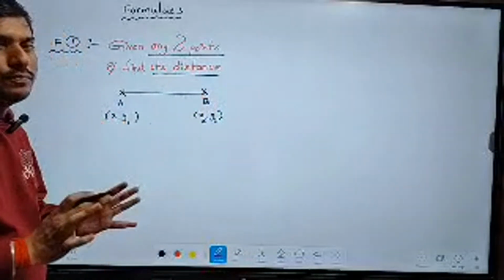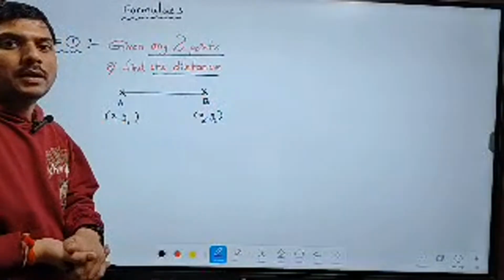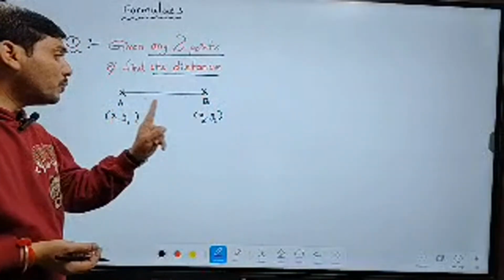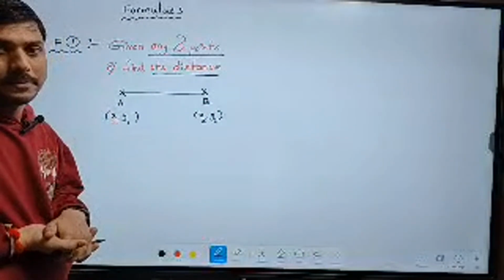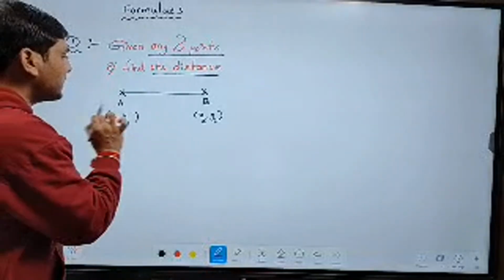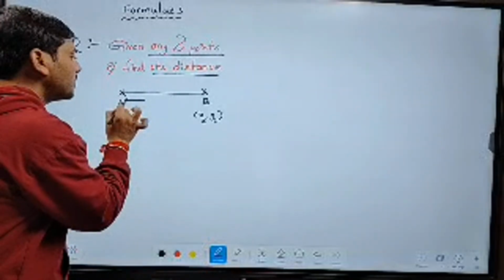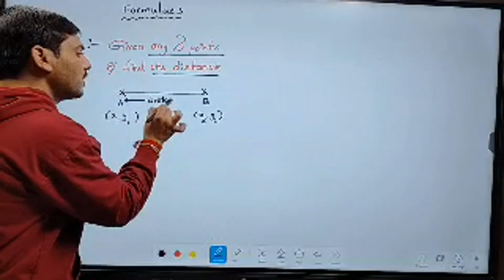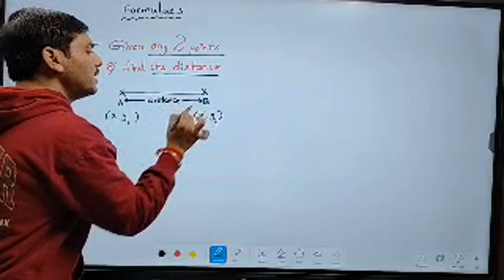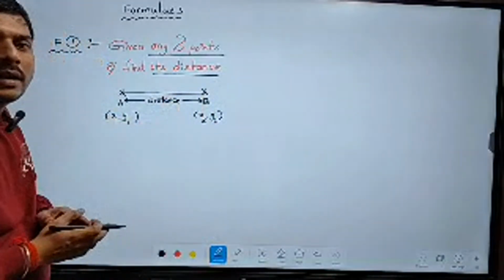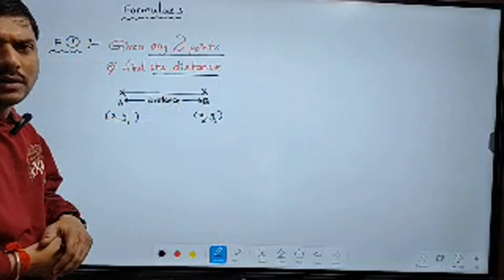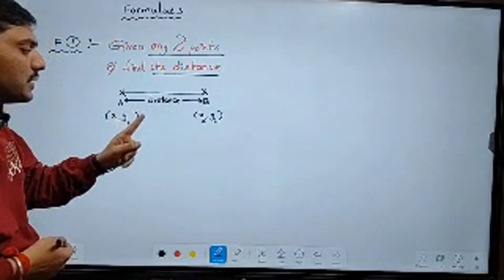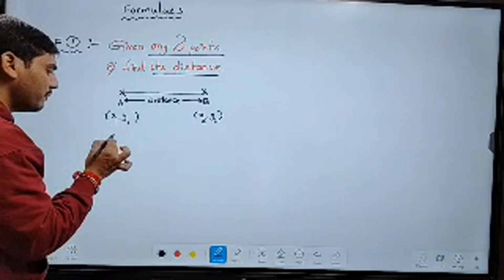Now I want the distance of AB. Given 2 coordinate points, find its distance. How much is this distance? That is a very important formula.